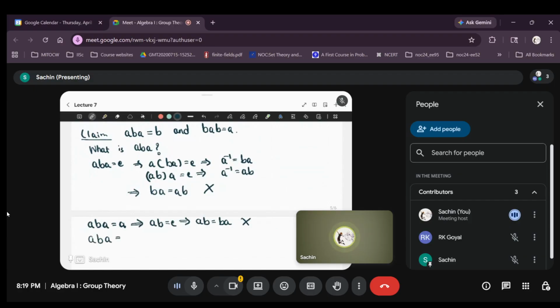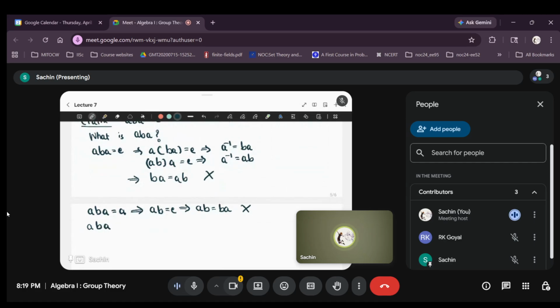Again, if ABA is equal to B, that would actually be correct. So we have to check the other things. If ABA is equal to AB, that would mean that A is equal to E, right?